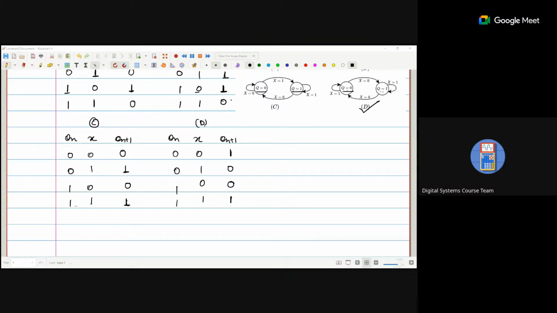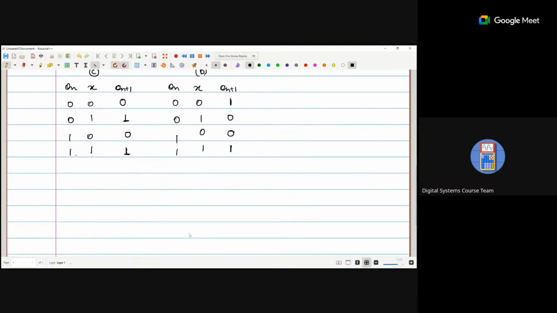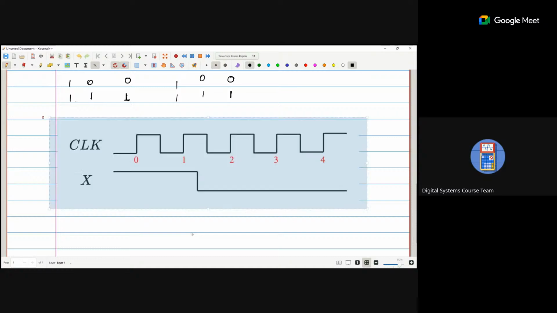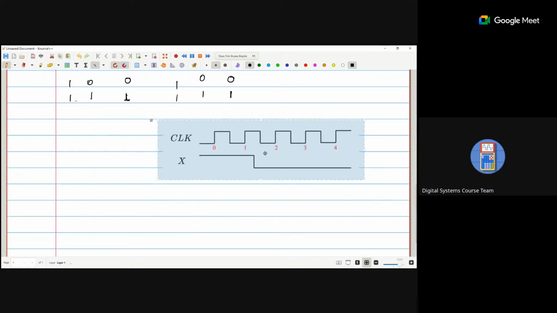Now the next question. This is my clock pulse.